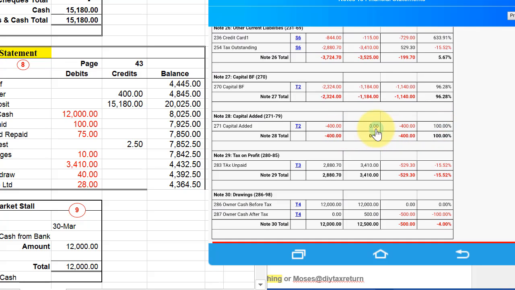Capital added the previous year was 0 and this year was 400. The unpaid tax outstanding is 2880.7. The unpaid tax previous year was 3410. And then below here we've got drawings. So drawings last year was 12,500 and drawings this year is only 12,000.